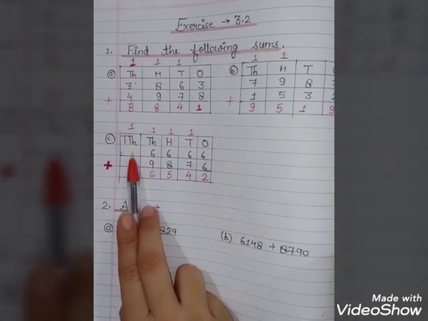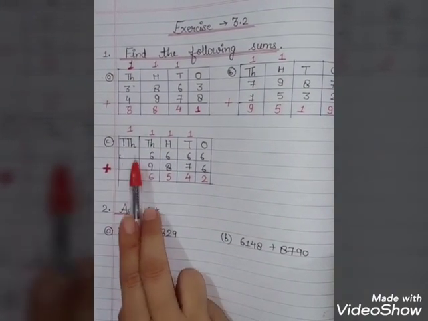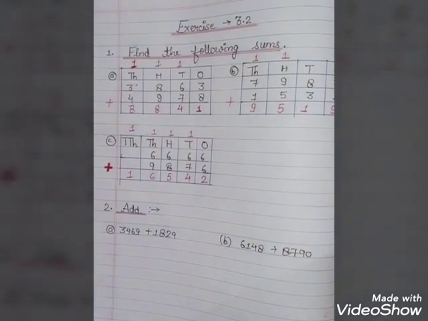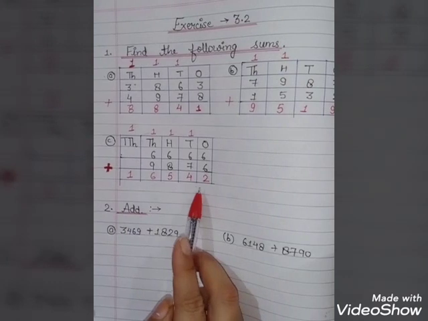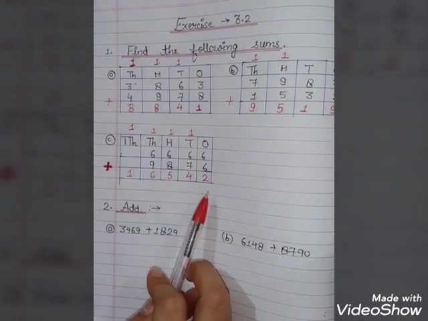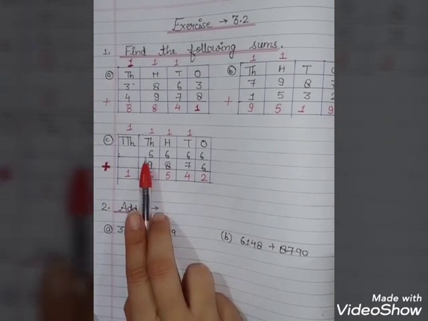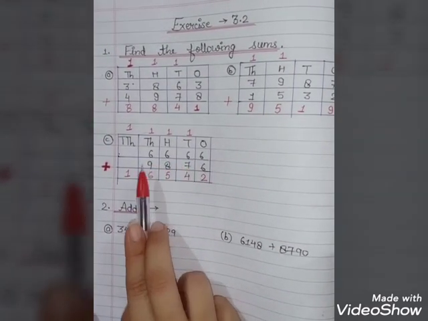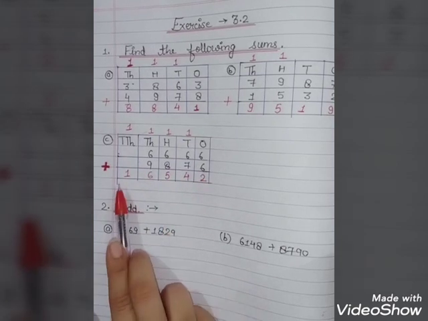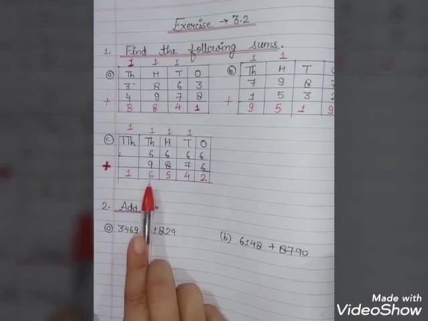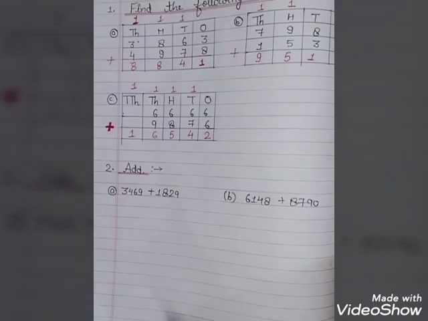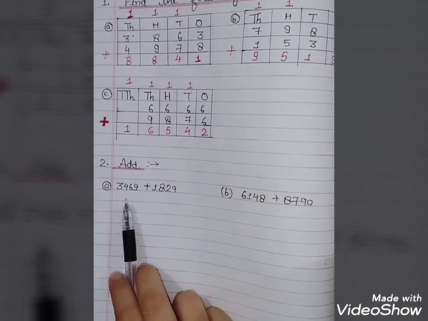As there is no number in the ten-thousands place, keep the 1 carried over here. Now we get the answer. If we add 6,666 plus 9,876, we get the answer 16,542. Really easy.